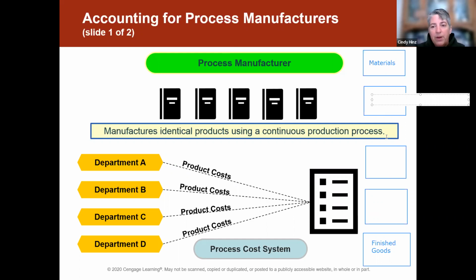So the first step in the process is going to be what? To mix up the dough, right? And so this company would have a work in process account that's for the mixing department. And we would accumulate the costs associated with mixing the product. Then what happens?